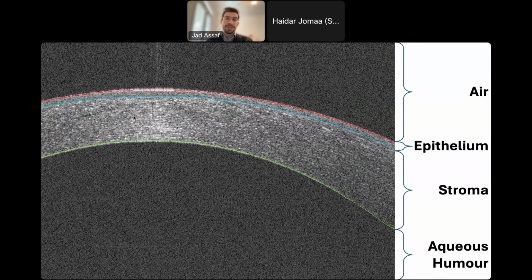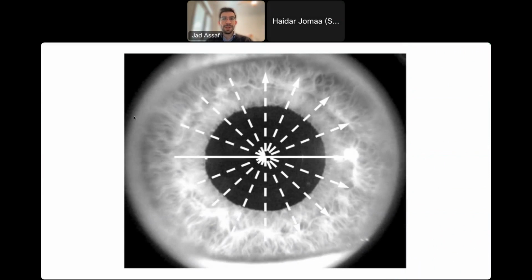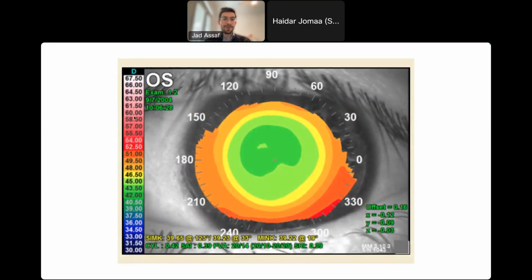To transform it into a topography map, we care about the epithelium and the stroma. And if we get enough cuts over an eye in multiple angles, such as in this case, this is an 8-cut radial scan pattern, we can overlay these segmentations and convert the cornea into a topographic map. We call it a corneal topography.